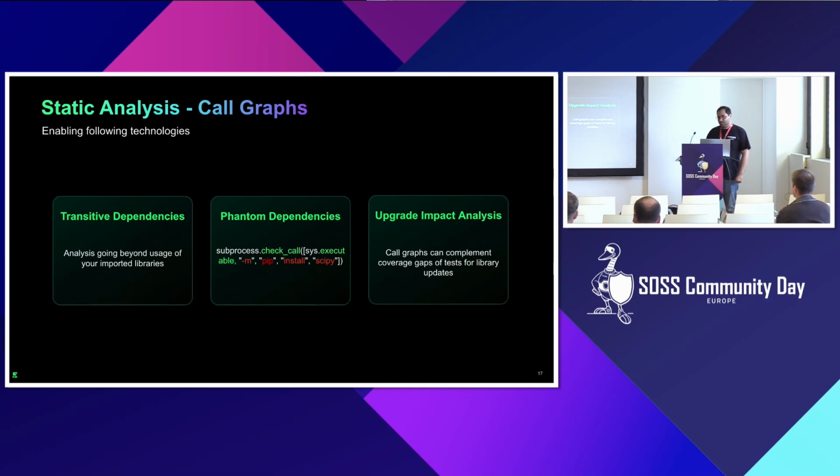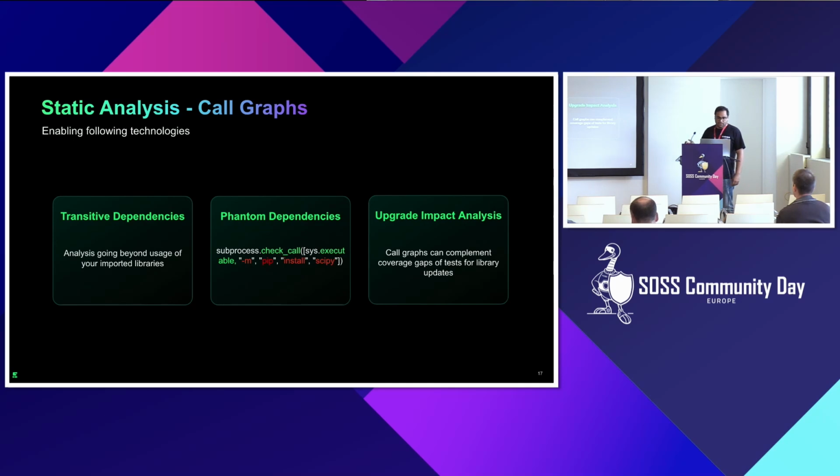Another thing is phantom dependencies, which are dependencies that we do not declare in our pom.xml, requirements.txt, and so on. We might have calls like pip install scipy in our code.